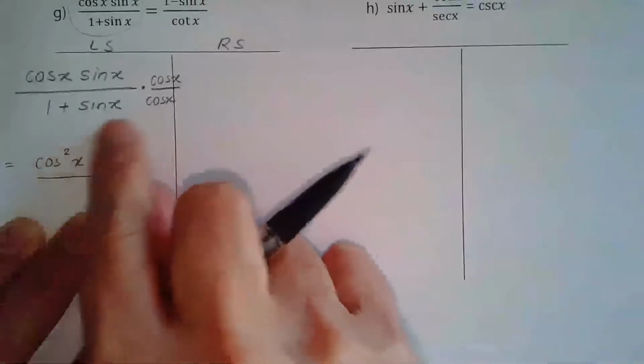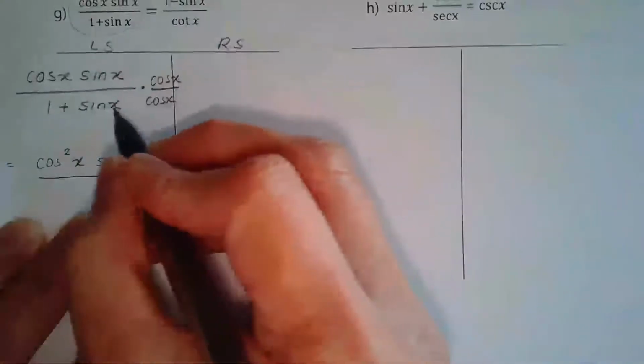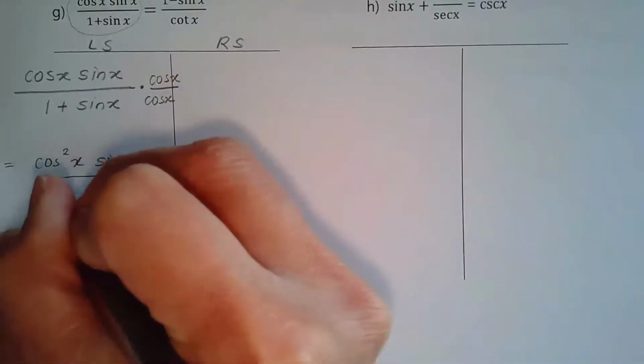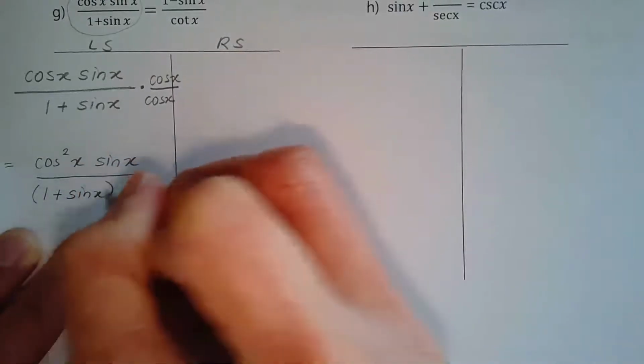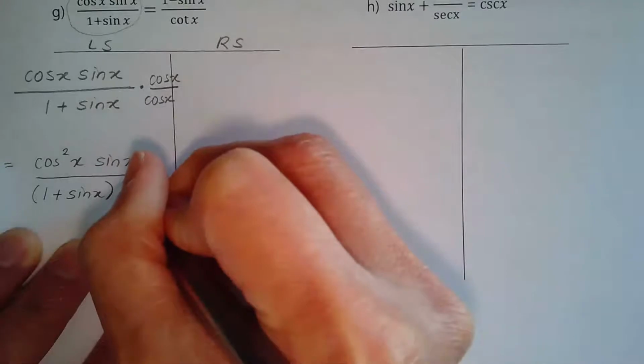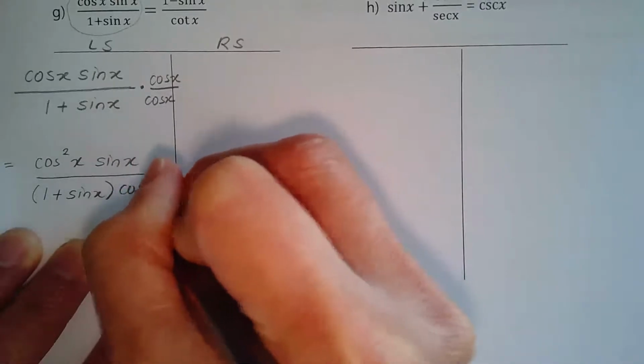Now what goes in the denominator? The denominator, what I did is I kept this 1 plus sine of x times cos of x.